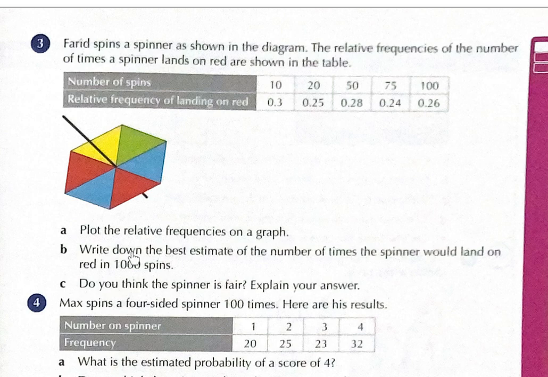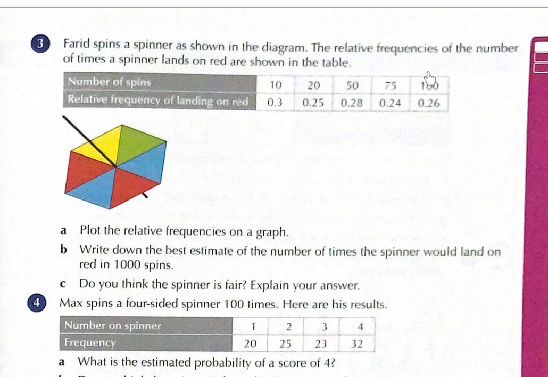Now for B, write down the best estimate of the number of times the spinner would land on the red in 1000 spins. So what is the best estimate? We agree that if we increase the number of trials, we get the best estimate. So we have 10 times, 20 times, 30, 50 times, 75 times, 100 times.